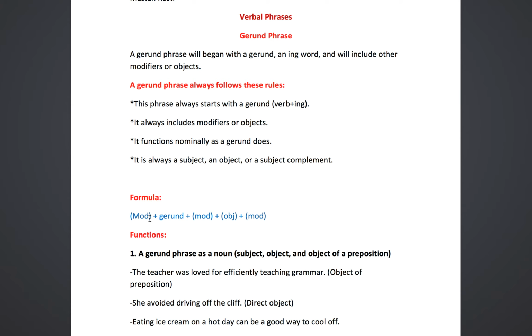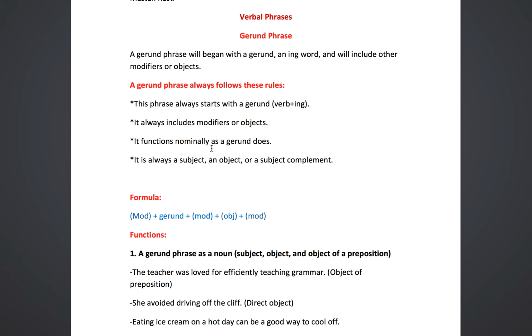The only stable thing that we have here is the gerund, which couldn't ever be changed, and we always have to have it. The second one: it always includes modifiers or objects. If it's not so, it's not a phrase, it's only a gerund in a sentence.